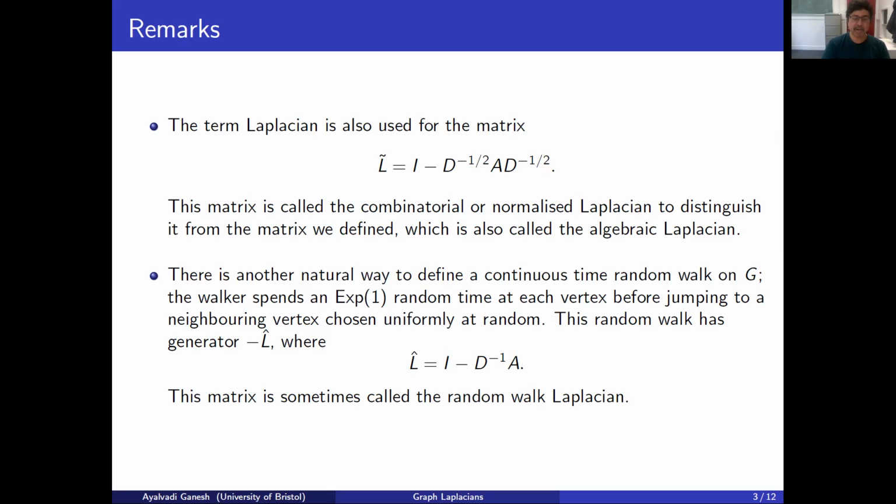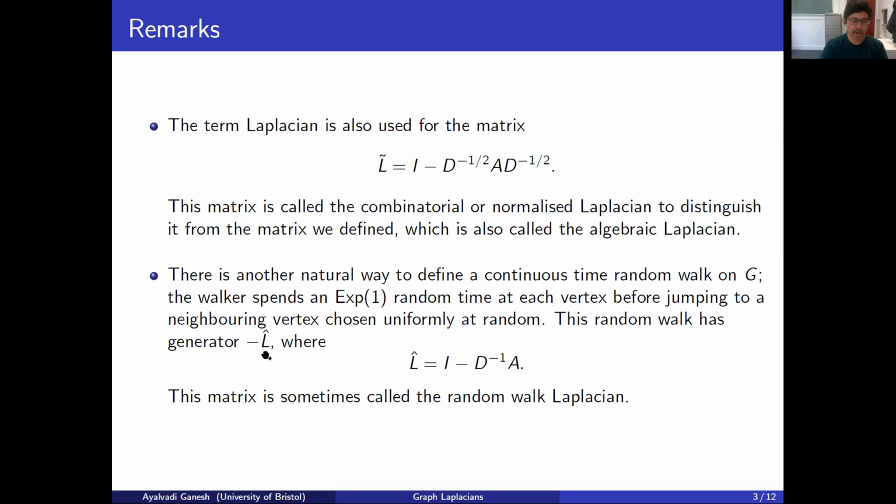Instead, you could have defined a random walk. It's quite natural to define it as spending unit time on average at each vertex, so an exponential 1 random time at each vertex, and then it jumps uniformly at random to a neighboring vertex. So that's another, different random walk you can define on the graph.